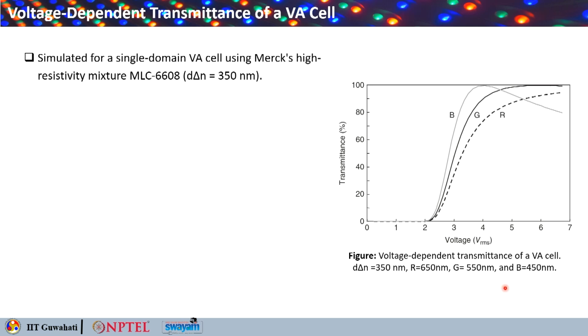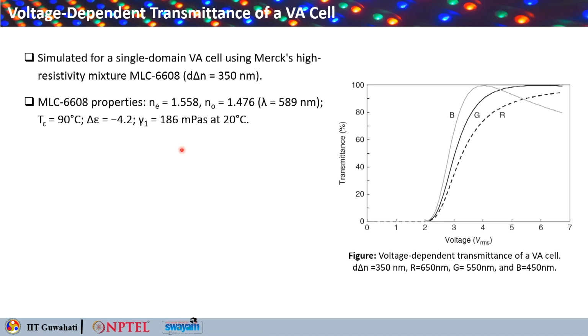Okay, so this MLC 6608 is a highly resistive negative dielectric anisotropic mixture that is needed for VA operation, and here you can see the extraordinary and the ordinary refractive index. The clearing temperature and the rotational viscosity, all parameters are mentioned.